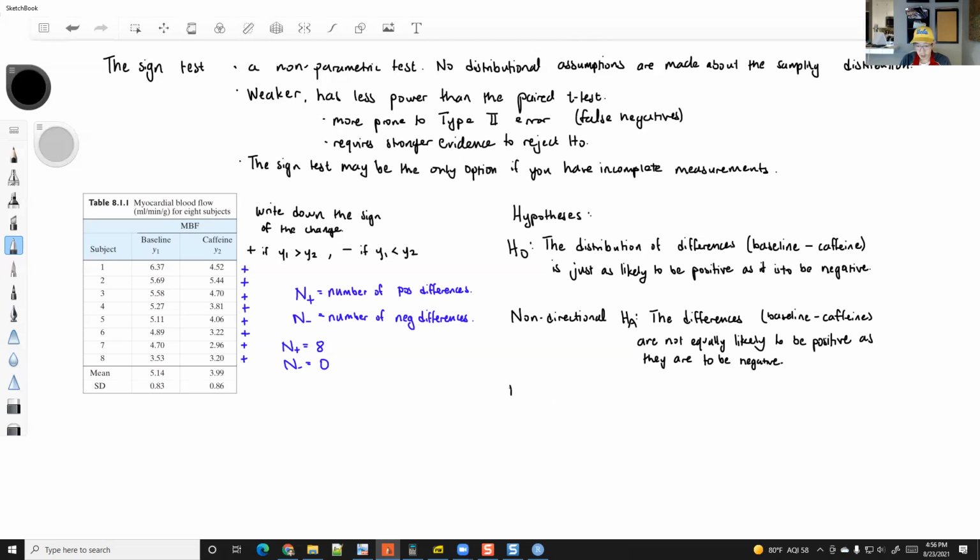All right, and then you can have directional. It could be saying the differences are more likely to be positive.